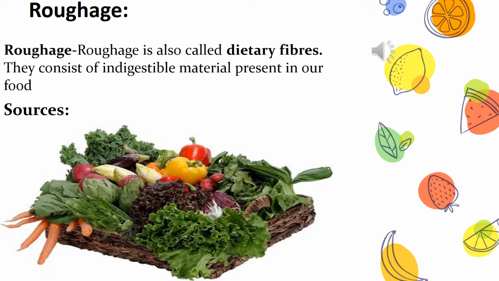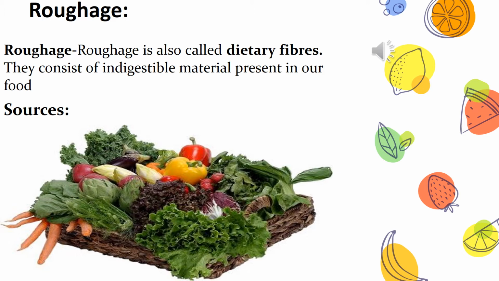Talk about the sources. The main sources of roughage in human food are salads, fruits, vegetables such as broccoli, cauliflower, green beans, cabbage, and whole grains such as oats, corn, barley and brown rice.